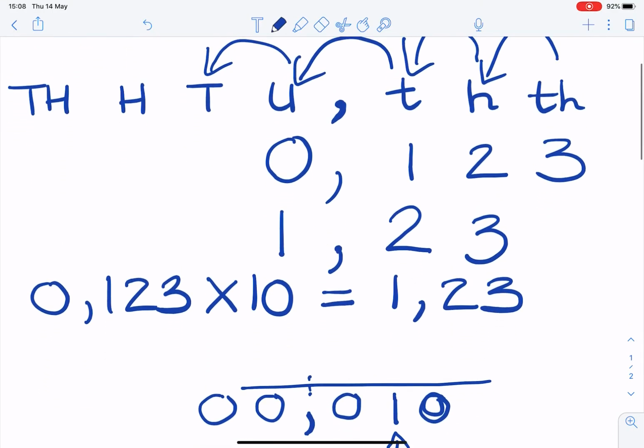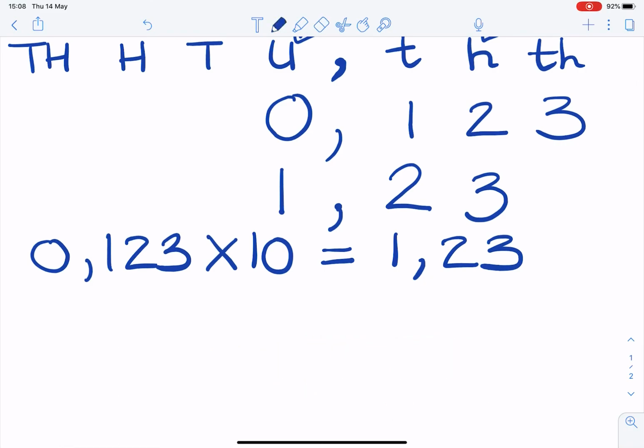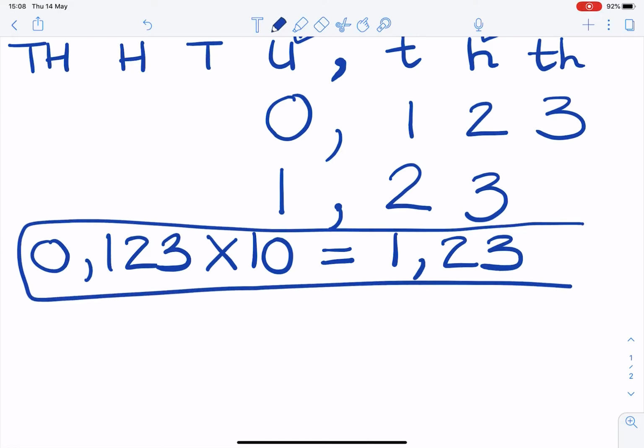Now, as a shortcut, if we look at this problem, when we multiply by 10, because there is 1 0, because it is in one column, the comma moves one space. Now this is going to go against everything that you've ever learned, because the comma moves to the right.